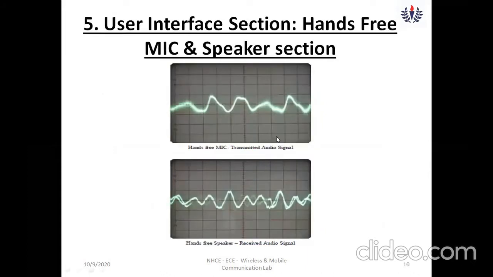Now with the hands-free section also, we can see this waveform getting generated. This is for your audio signal, which is getting transmitted on the upper side, and towards the bottom, you can find that this is your hands-free speaker for the received audio signal. So it is possible for us to interface with any of these pins in the textbook.